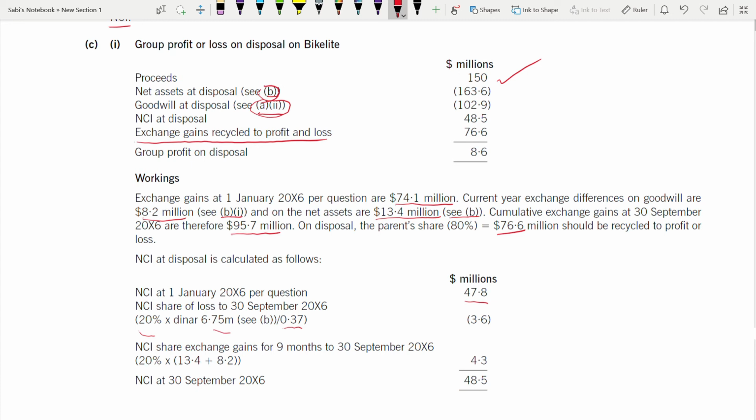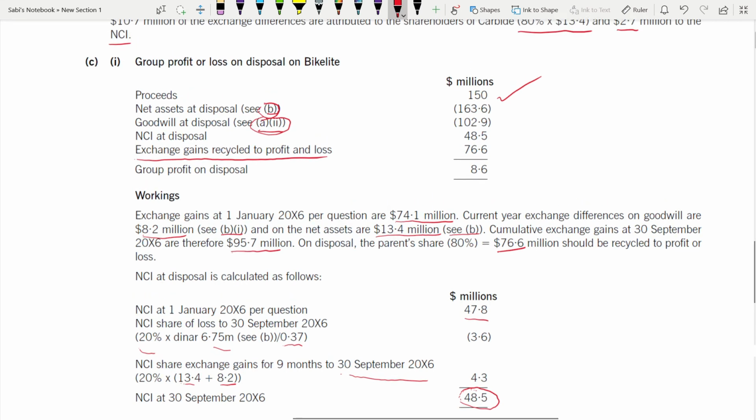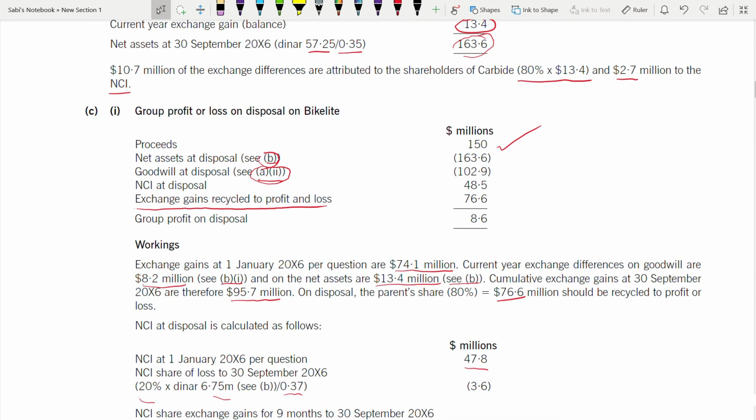So the NCI share of exchange gains for the 9 months to 30th September 2006. So it will be 13.4 and 8.2 from goodwill and exchange gain, and take 20% of it, and this will be your NCI on 30th September 2006. This is an easy working, right?